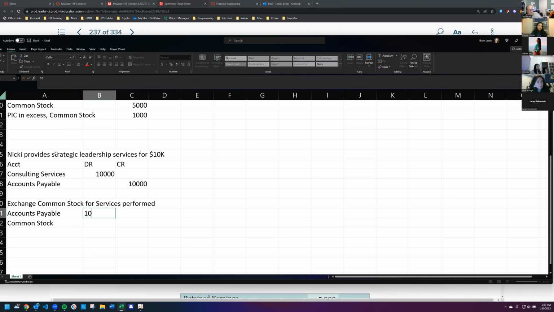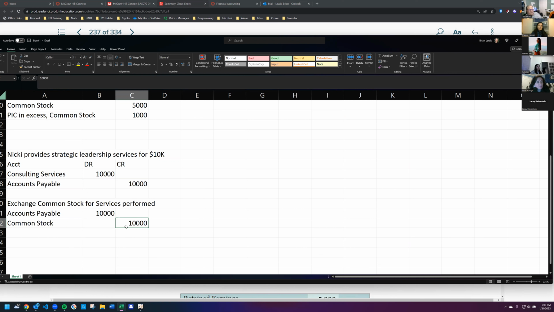The 10,000 is here and the 10,000 is here. You'll see that the net effect is that consulting services is still there at $10,000. That's the expense account, but accounts payable has a $10,000 credit and a $10,000 debit in it, which zeroes out and effectively becomes common stock.